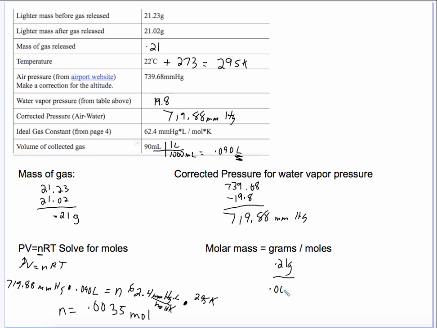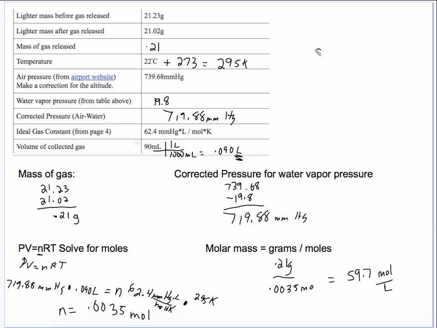We know the grams, and we divide by the moles, 0.0035 moles. If we take 0.21 and divide it by that answer, I get 59.7. So with this experimental data, I get 59.7 grams per mole.